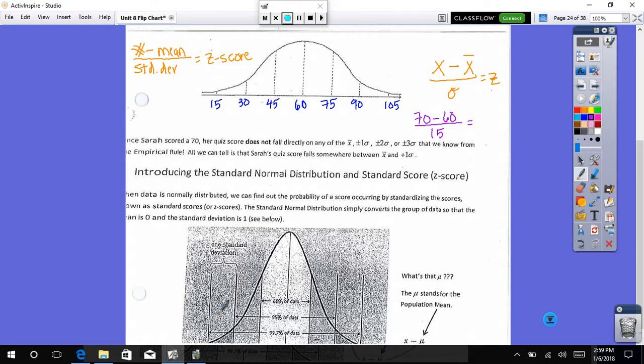If you use your alpha y equals in the calculator, it'll pull up that n over d, which will make it easy to do this in one step. So 70 minus 60 over 15 gives us a z-score of 2/3, which in decimal form is 0.67.